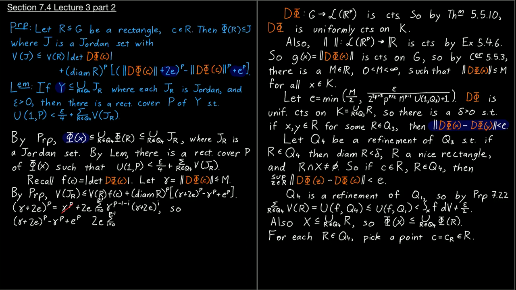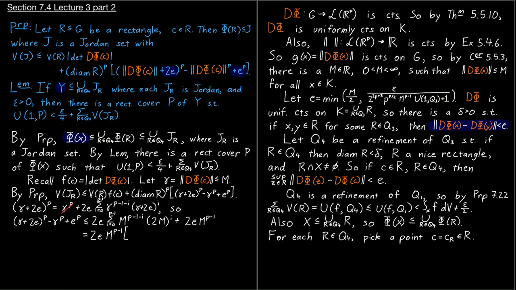Actually, let's make this a less than or equal to. Let's notice that gamma is less than or equal to our big M. And then gamma plus 2e by assumption is also less than or equal to big M. And then our e to the p is less than or equal to, it'll make the algebra a little easier in a moment, if I make this 2e times M to the p minus 1, we can factor out a 2e M to the p minus 1 out of everything.